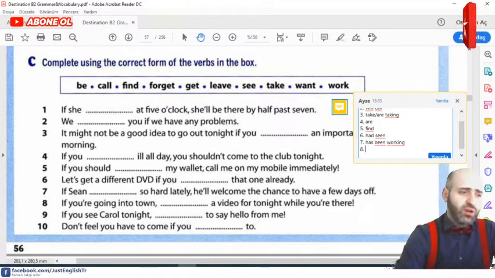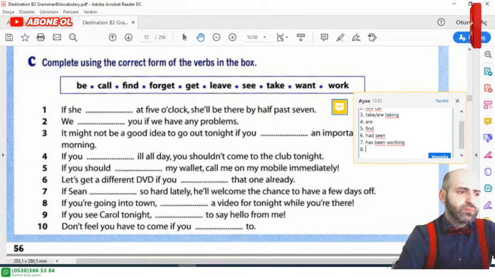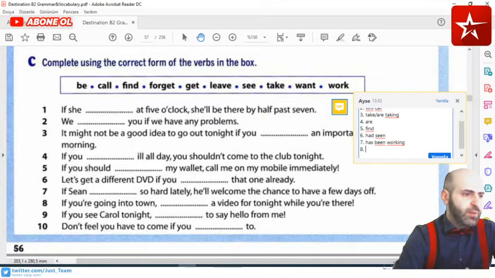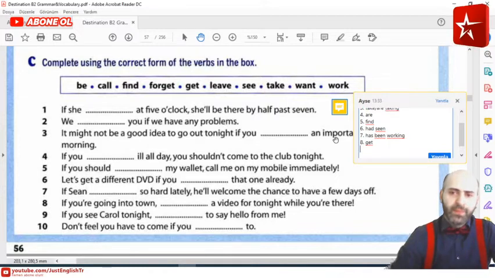Okay, it can be correct, but we already used "take" in number 3. I see the correct answer coming from Serdar. Get. You are absolutely correct. Get a video for tonight while you are there.